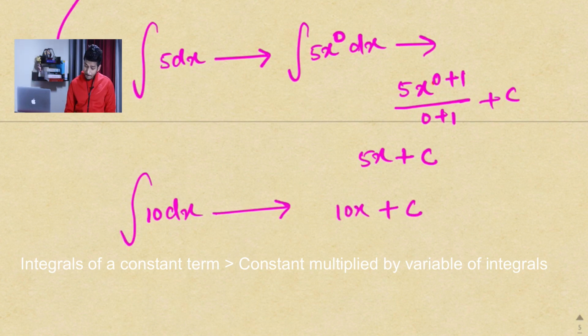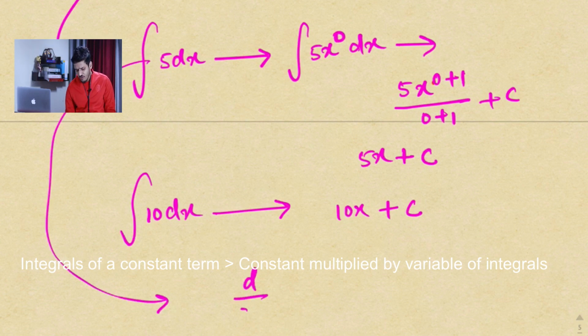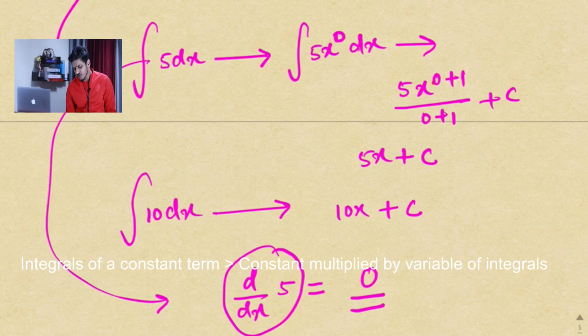But when we studied differentiation, what was the differentiation of 5? The differentiation of any constant term is 0. But in case of integration, integration of a constant term is that constant term multiplied by x.